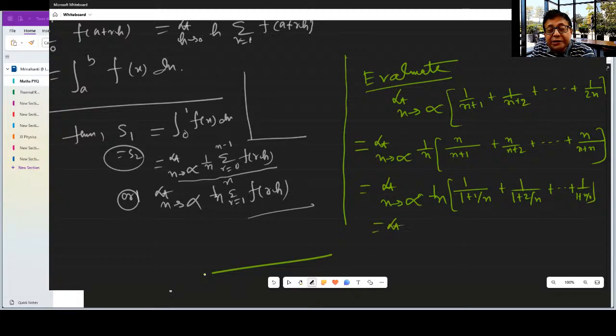So can we write it in this form, that limit n tending to infinity 1 by n sigma r equal to 1 to n 1 by 1 plus r by n. Can we write this manner?